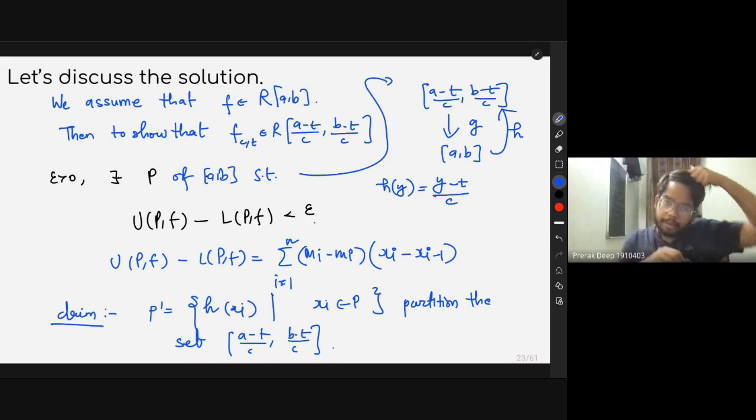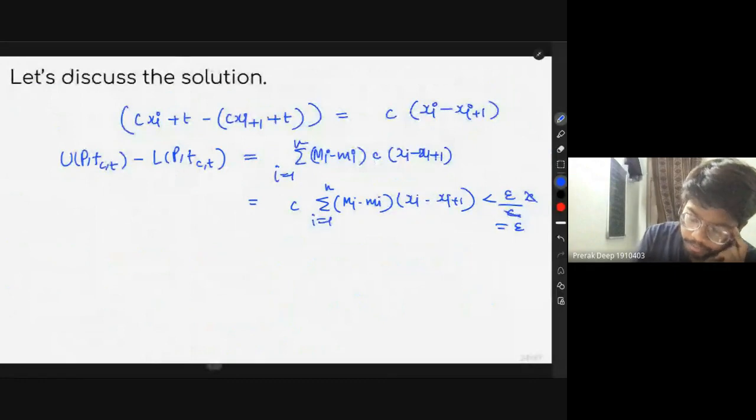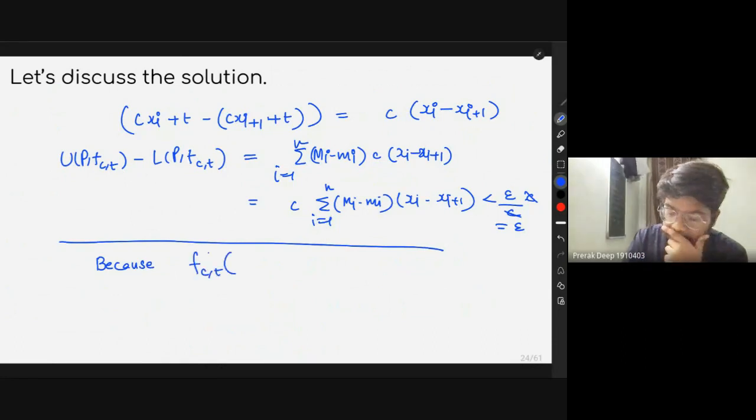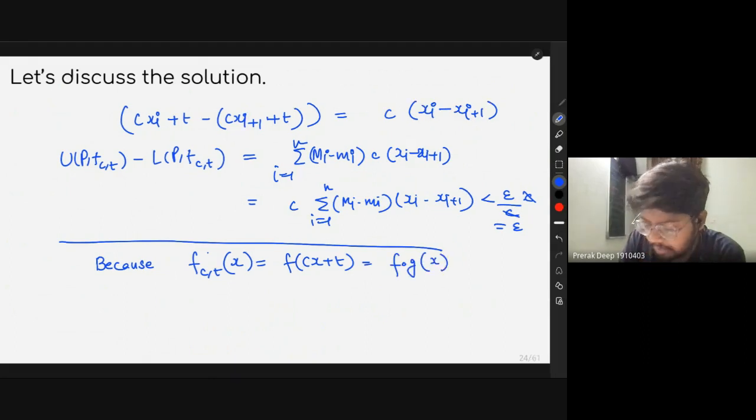Whatever the maximum you are having, because the function value is same, f of ct of x is same as f of cx plus t, which is nothing but f composed with g of x, correct? It is same as this.